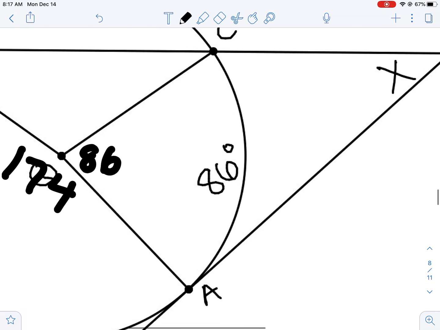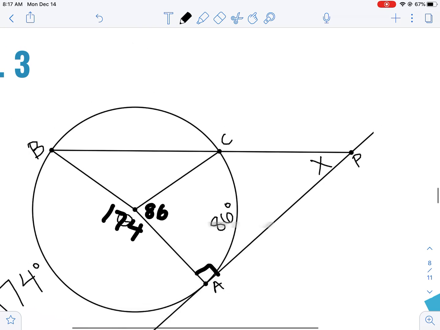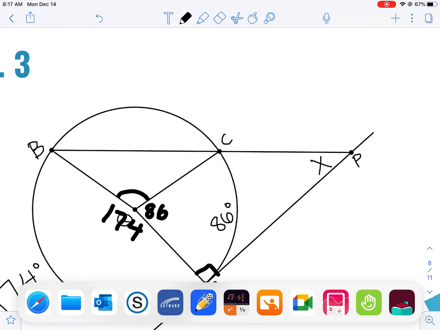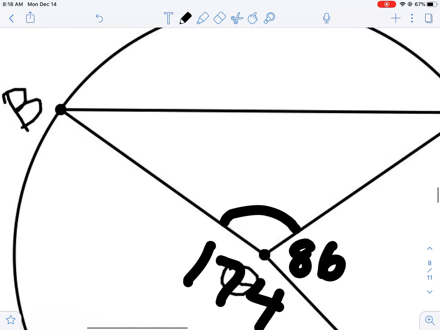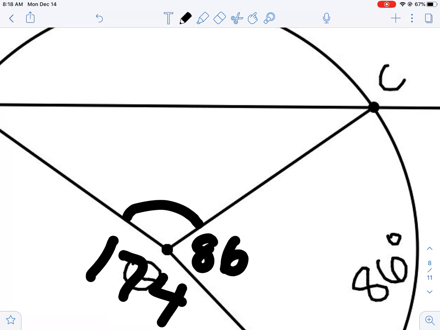And then I know this one will be 90. I'm going to go ahead and fill this angle in by subtracting from 360. So if I add the 6 over to the 174, that's at 180. So I have 180 left minus 80. I have 100 here. I just subtracted from 360 going all the way around.